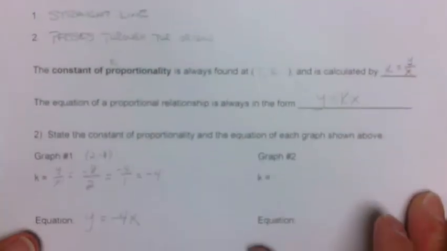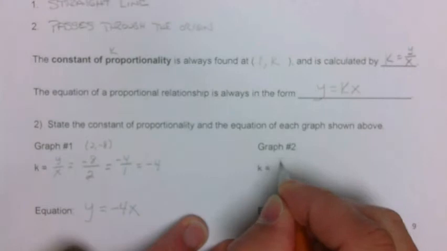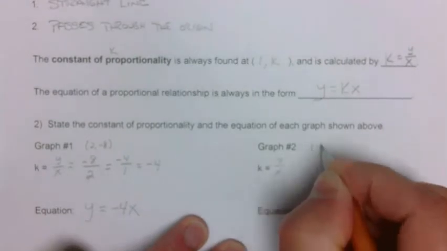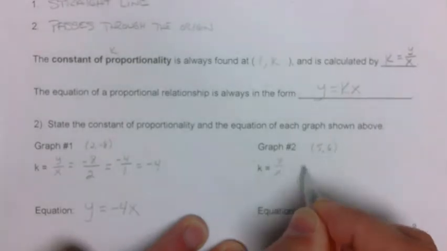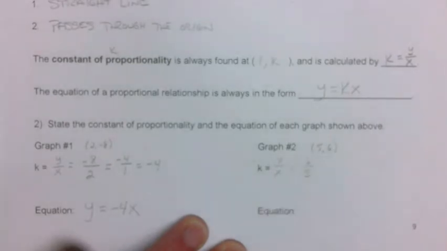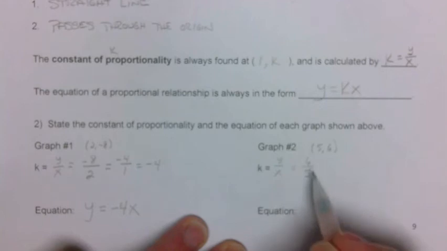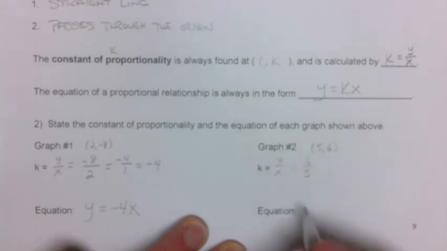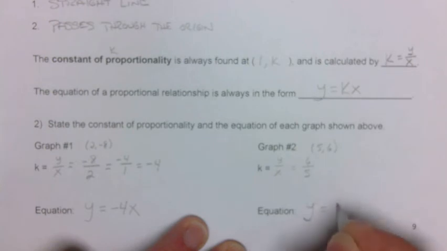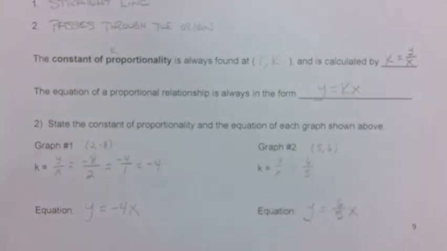So just like we did before, k equals y divided by x, and we said it passes through the point 5 comma 6, which means that the y value is 6, the x value is 5, and this fraction actually doesn't simplify. So I'm going to leave my k value as 6/5, which means that if I substitute into this equation, then the equation of the line is y equals 6/5 x.